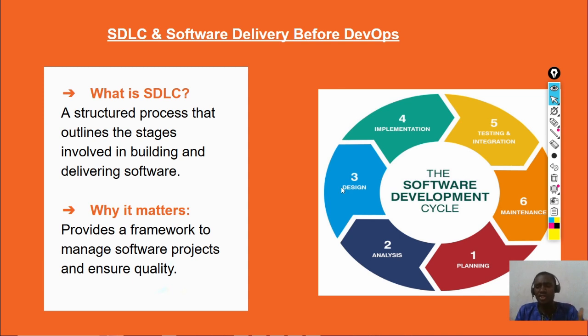If this process was not there, there would be a lot of confusion in the software development lifecycle. Imagine that a development team has not done the planning, has not done analysis, has not even done the design of how the system is going to look, and they just go into implementation, right? Or maybe they have not even done the testing and they just go into deployment.